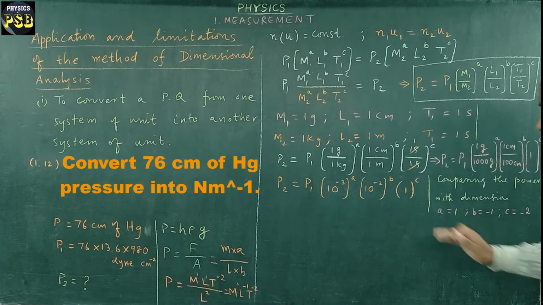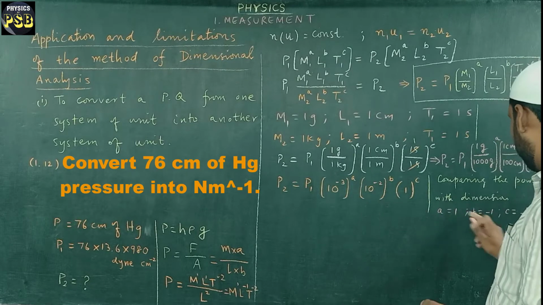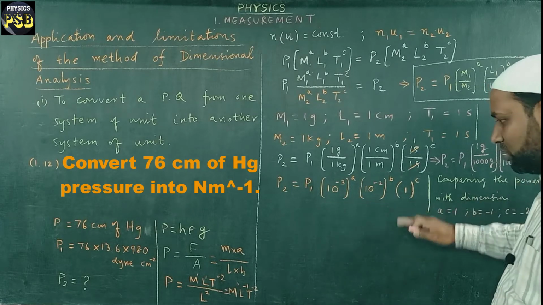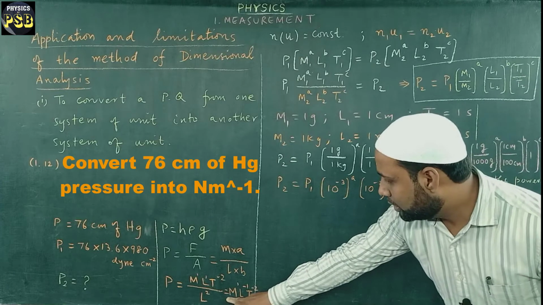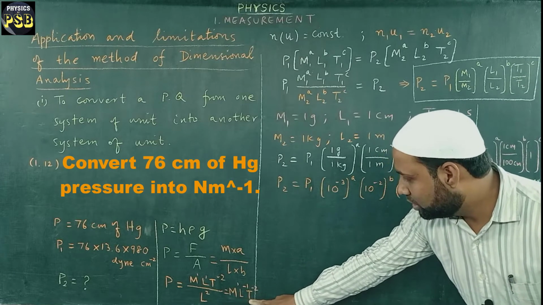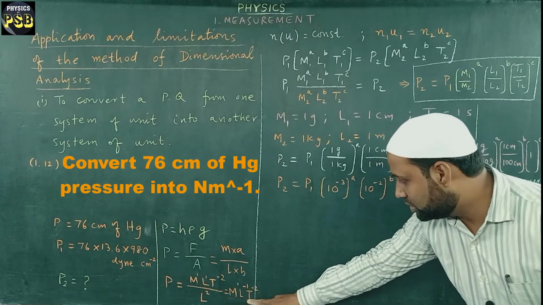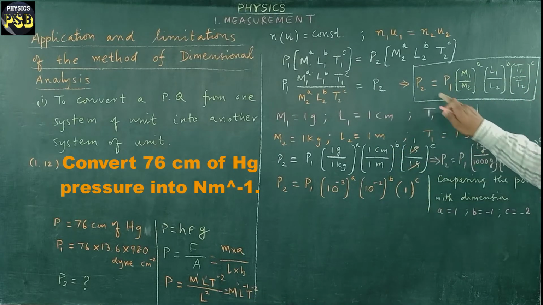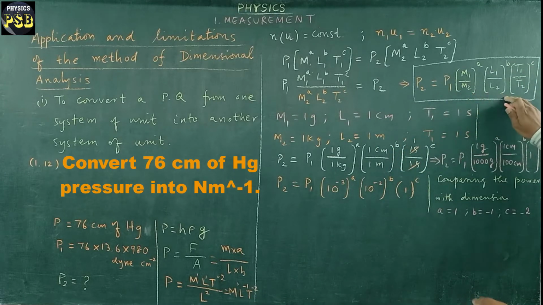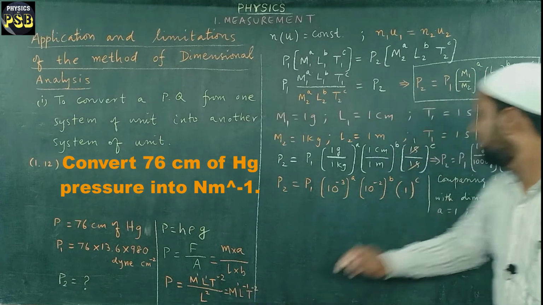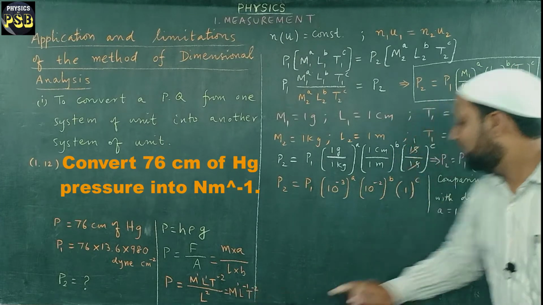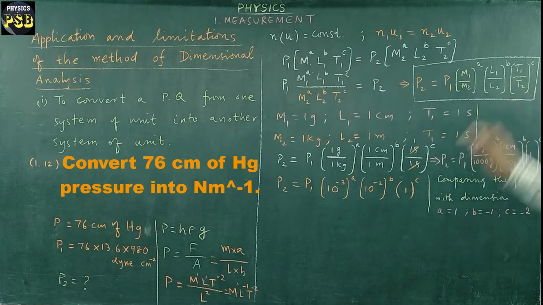Now if you find it difficult to get the values of A, B, C with the help of this expression, you can compare the powers of the dimensions with that of this part. So in the place of A we have 1, in the place of B we have minus 1, in the place of C we have minus 2. This is what we have mentioned here.